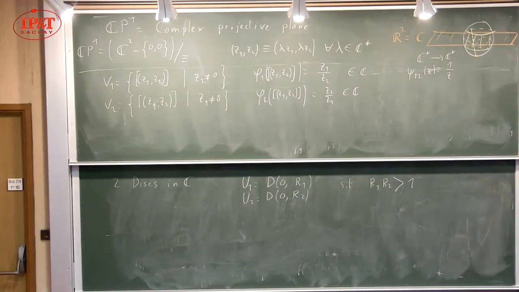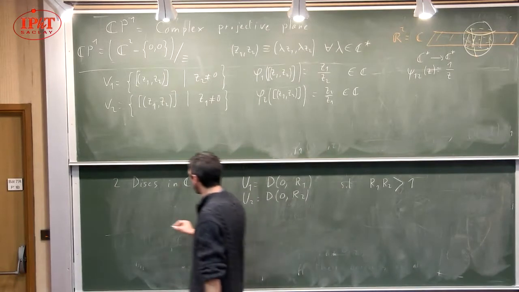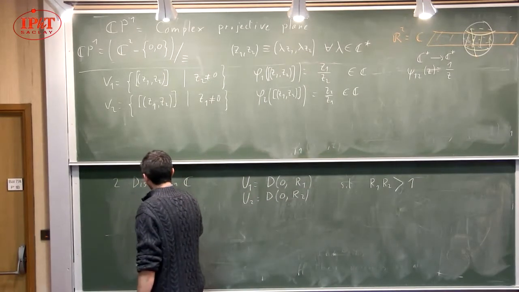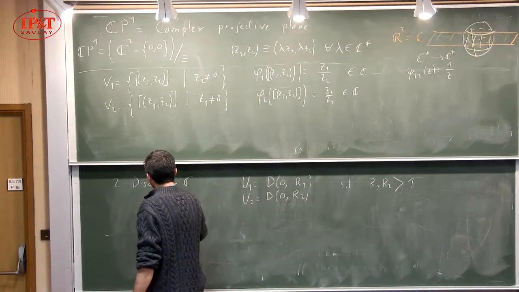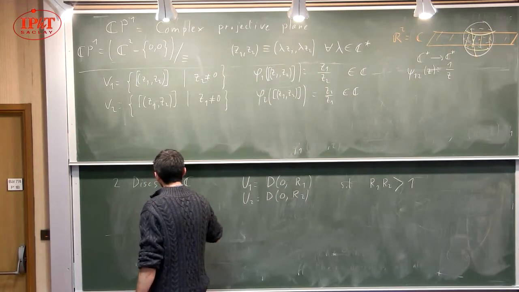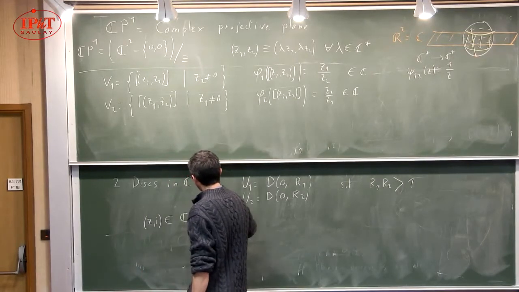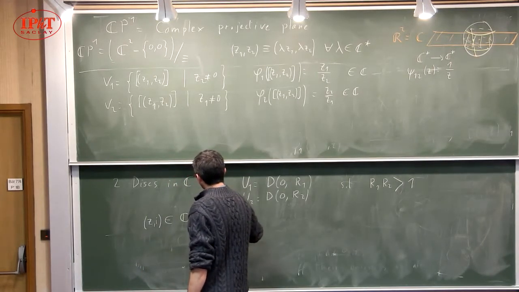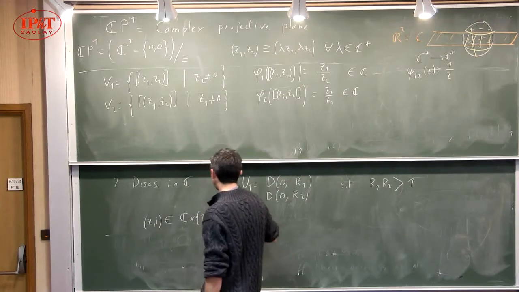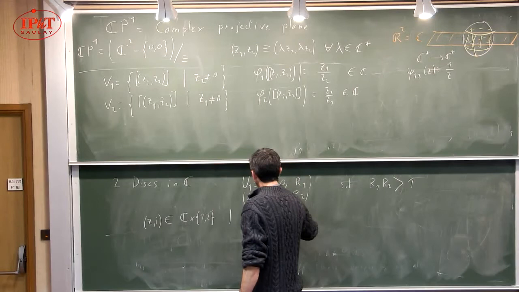The product is larger than 1. So you take two disks, and as in my previous construction, I will consider the set of points Z, i belonging to C cross the pair 1, 2, such that Z belongs to Ui.